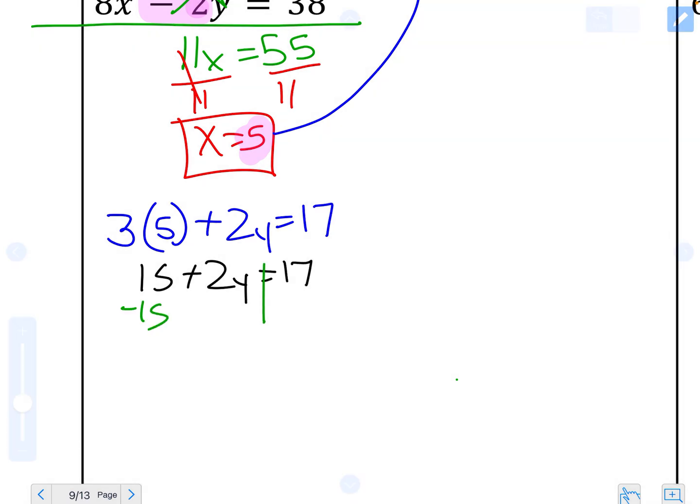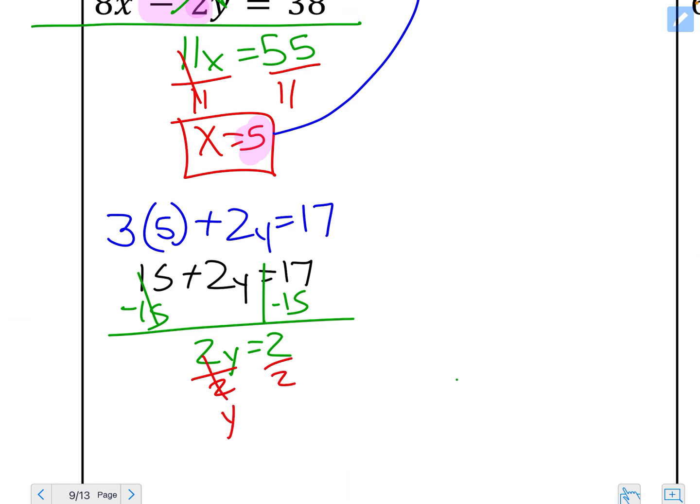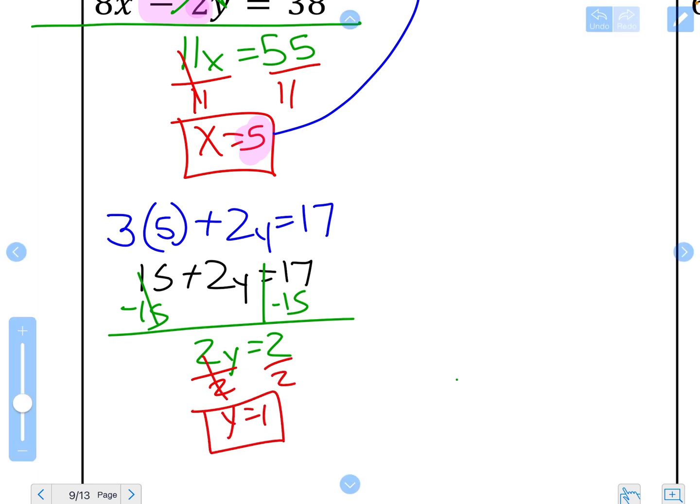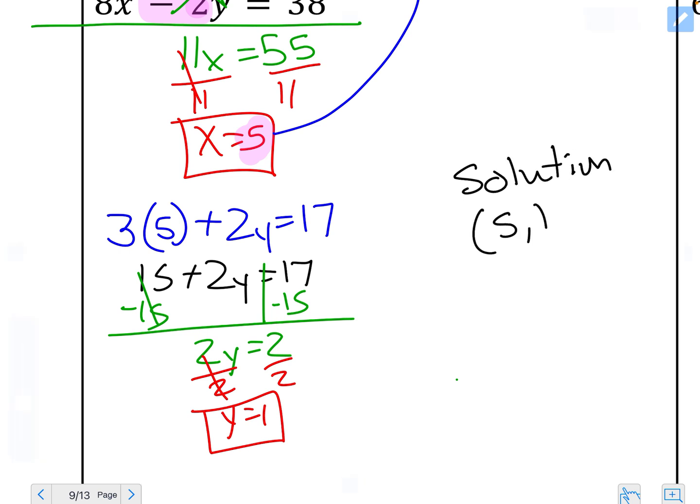We're going to subtract 15, subtract 15. So 2y equals 2. And then our last step is to divide by the number in front of y, and y equals 1. So our solution is x comma y.